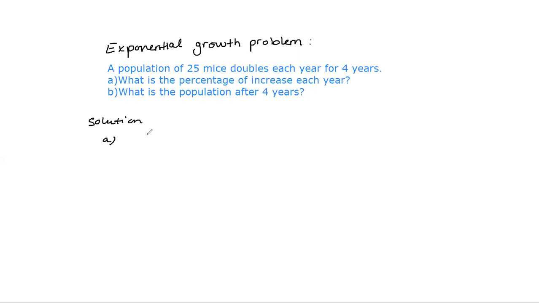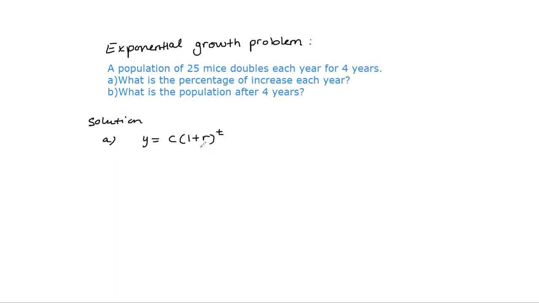Again, we have our function that looks like y is equal to c times 1 plus r to the power t, okay? And in this case, we're also taking a look at, well, we want to know the percentage of increase, okay?